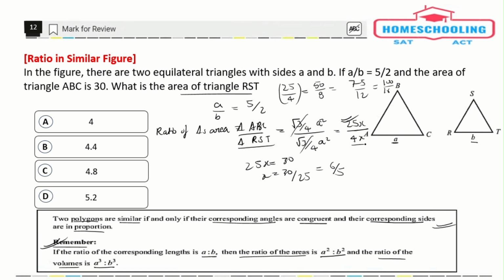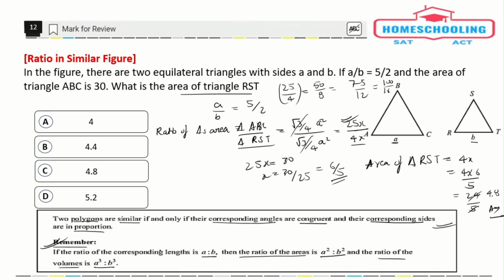RST is 4x. As we have found the value of x here, so 4 into 6 divided by 5. So 24 divided by 5, that would be 4.8. So this is your answer.